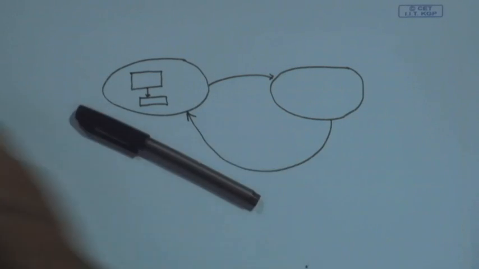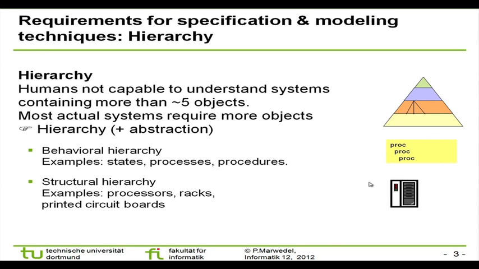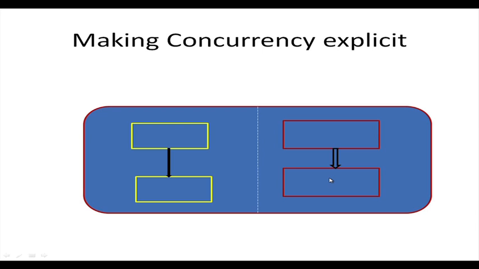There can similarly be a structural hierarchy, where I can have processors, racks, printed circuit boards. Here, for example, there is a structural hierarchy at the top. Inside, I can go in, there is a switch box, then there are racks and all those things I can describe. So hierarchy is one of the desirable properties.